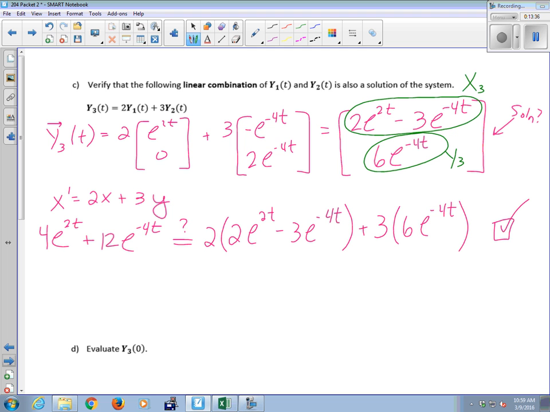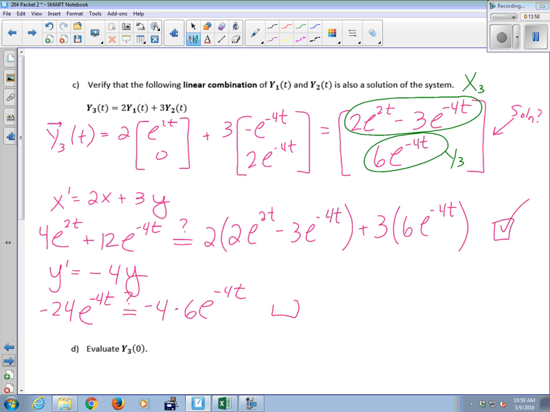And then let's check the y prime equation, which is just negative 4y. Okay, so y prime in this case is negative 24e to the negative 4t. Does that equal negative 4 times y, which is 6e to the negative 4t? Are those the same? Yes.